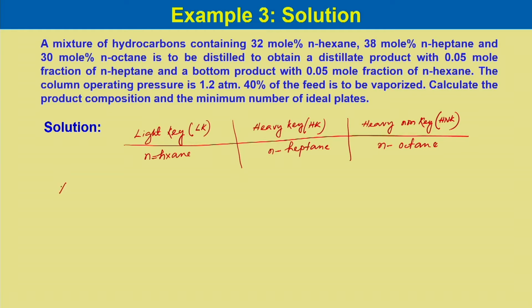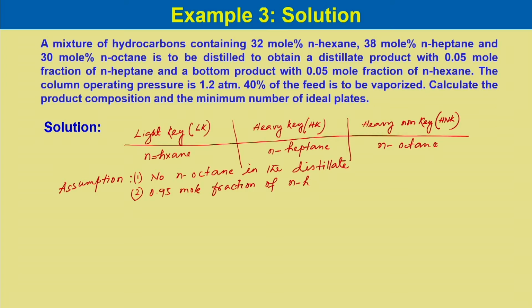Now, the first assumption is no n-octane in the distillate, and the second assumption is that 0.95 mole fraction of n-hexane is in the distillate.